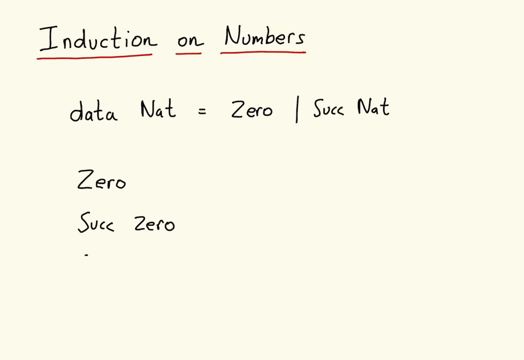And then of course we can apply Succ to that and get Succ (Succ Zero), and so on. We can apply the Succ constructor as many times as we like, starting from Zero, to build up arbitrarily large numbers. Obviously these just represent the normal natural numbers: 0, 1, 2, 3, and so on.